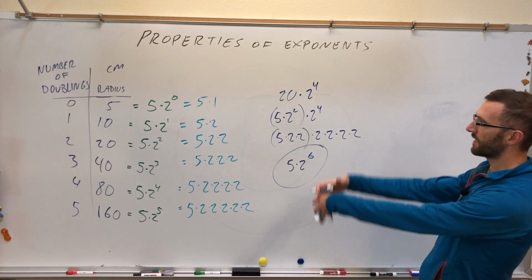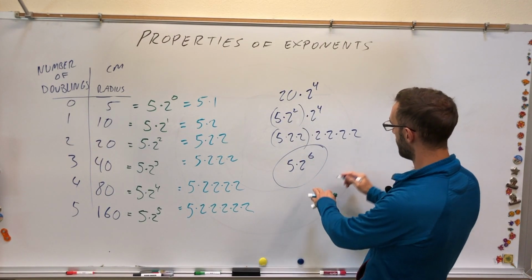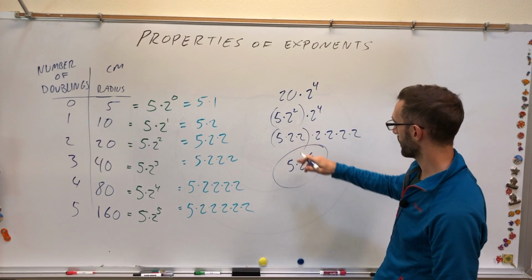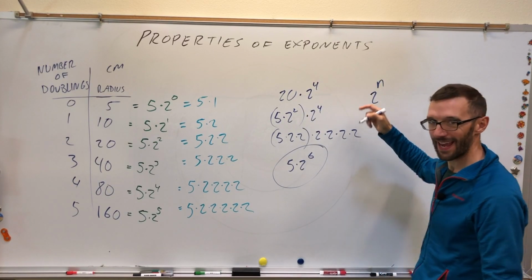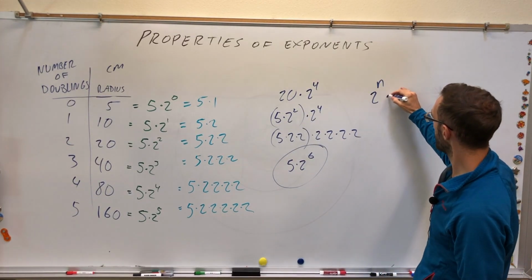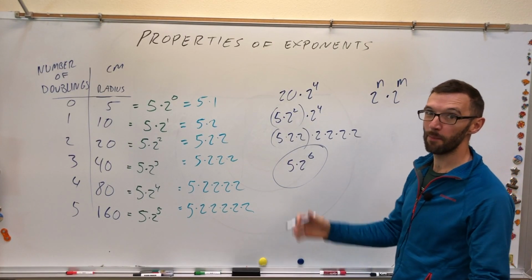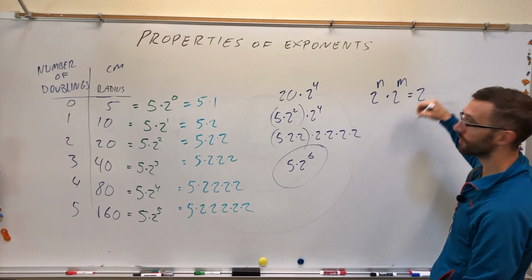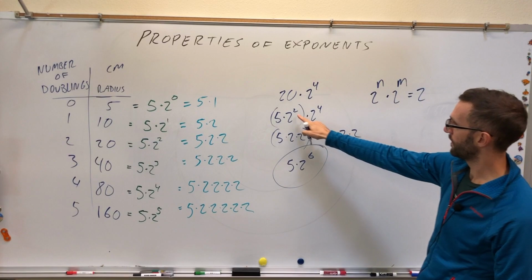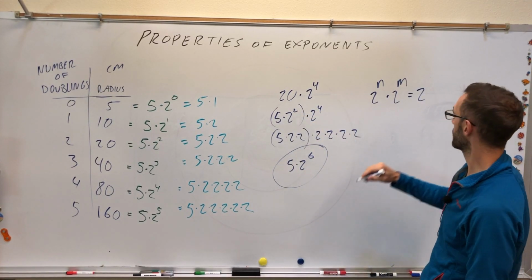So let's take the big picture out. Let's just look at what's happening. If you have some exponent, some power, let's say 2 to any power, 2 to the n, times 2 to some m power, 2 to the mth power, what that means is we're going to have 2 to the, let's see, what do we do to the 2 to the 4? 2 and 4, we added them, so 6.